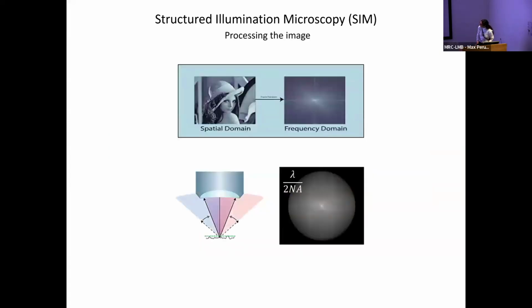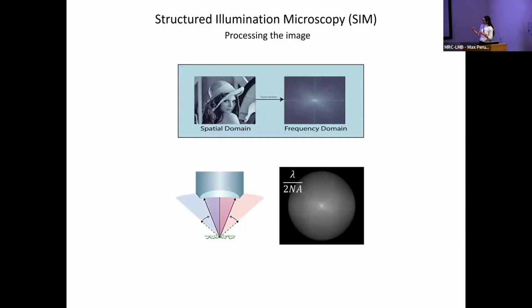Now for the processing, the processing is happening in the frequency space. And to explain what that means, I need first to specify that an image can be described in different manners. So there are different ways to describe an image.